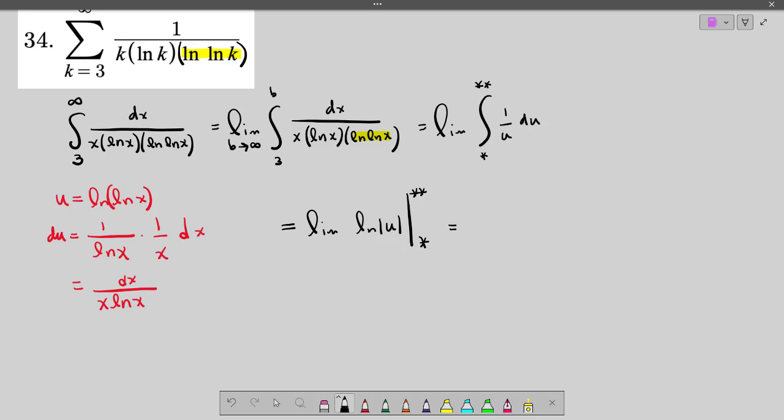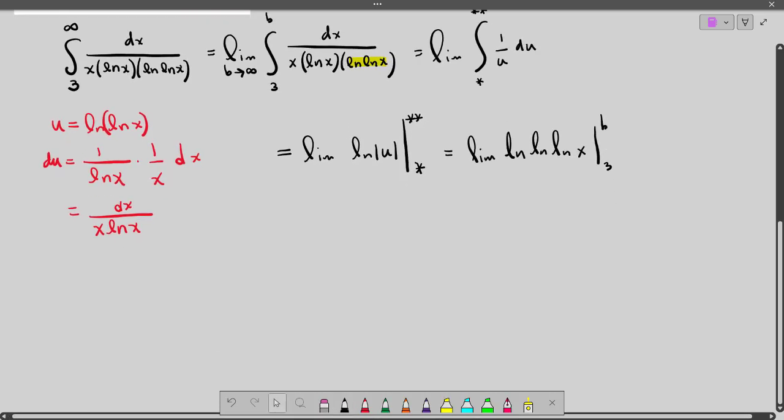Now we're going to go back to x's. So the limit of natural log of natural log of natural log of x. And we don't need the absolute values. We're back in x's, and the x's are greater than or equal to 3, so we have positive on the inside. Our limits go back to the x limits, so 3 to b.